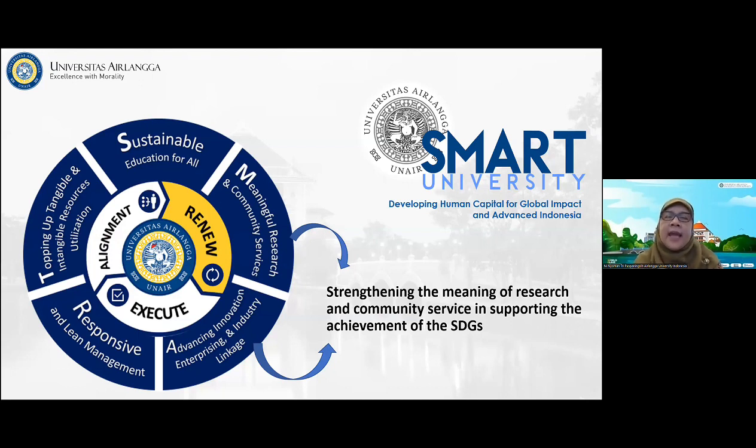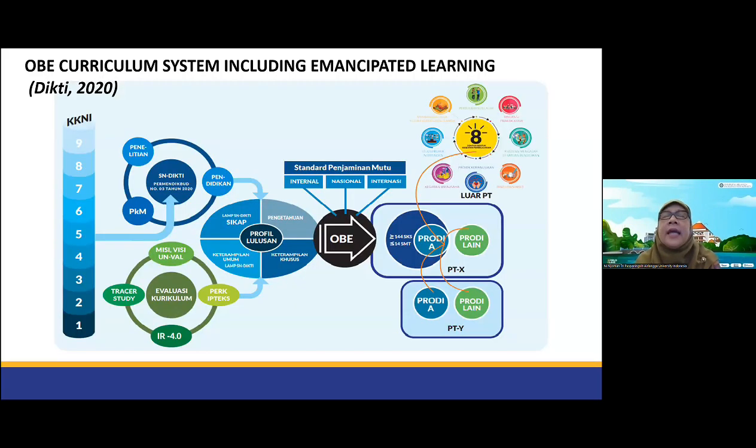SMART means S is sustainable education for all, M is meaningful research and community services, A is advancing innovation and enterprising, R is responsive management, and T is topping up tangible and intangible resources utilization. So for this kind of M and A, it is part of our responsibility, we would also like to help the people strengthen and support the achieving of the SDGs.